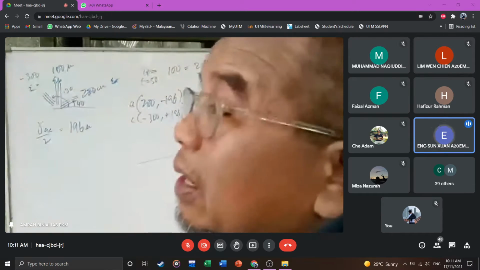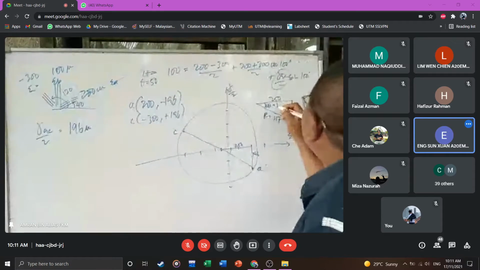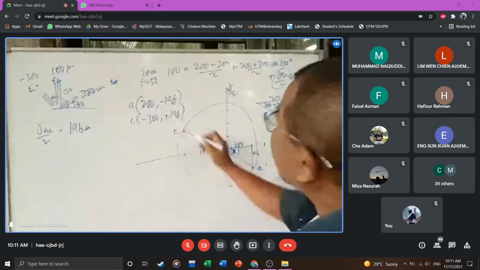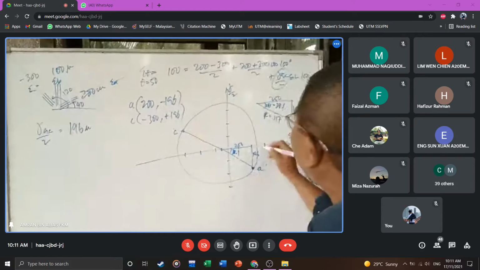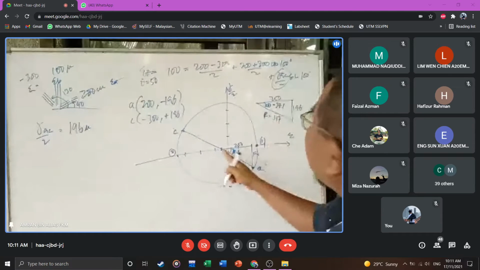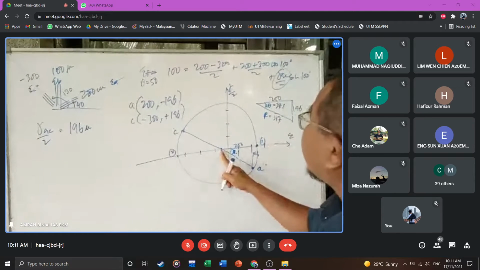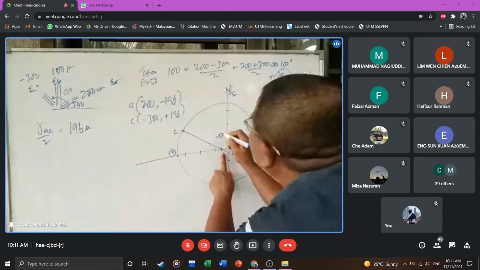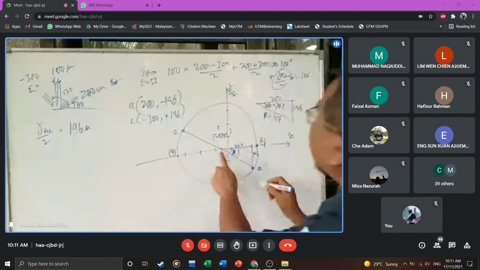Now you know A and C, and then you can find 1 and 2. So your center must be 250 minus 200, minus 50. Minus 50, 0 is your center position.